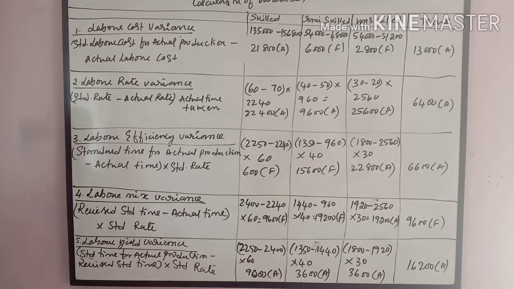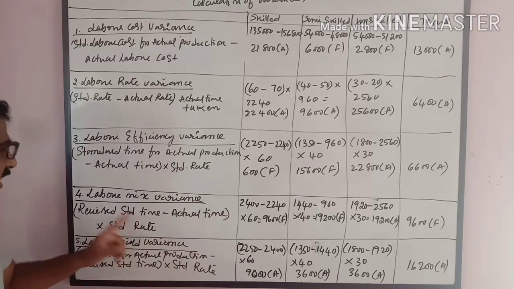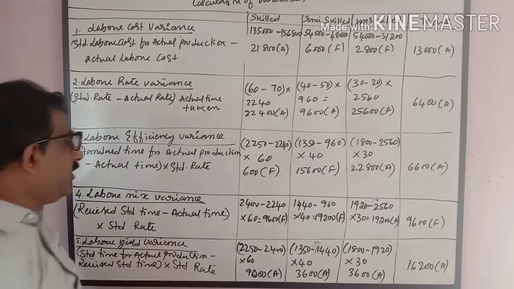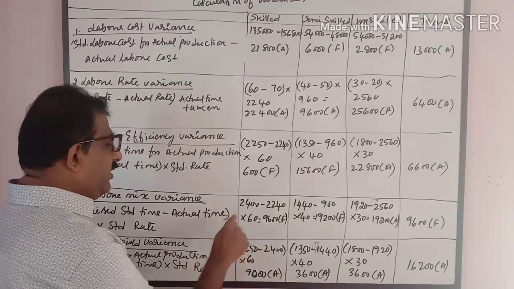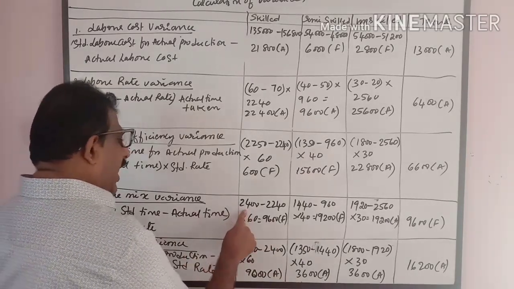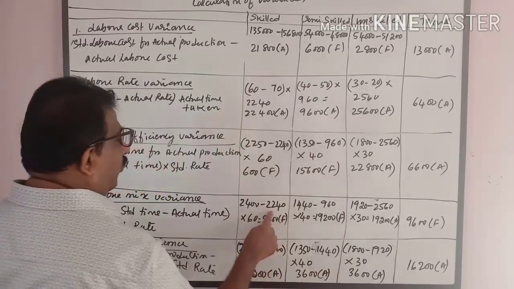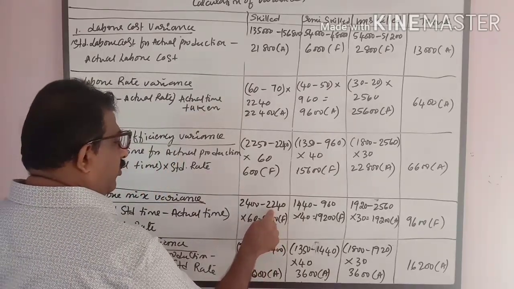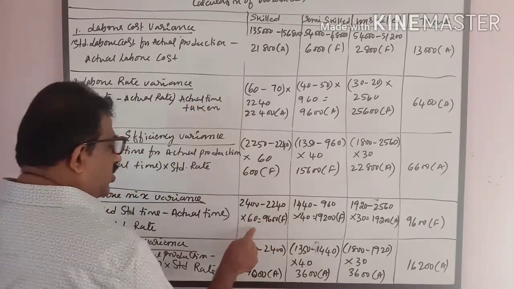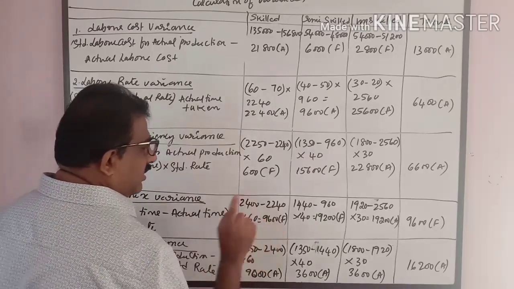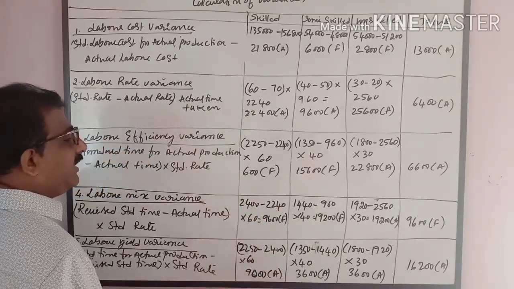The next one is labor mix variance. The formula is revised standard time minus actual time into standard rate. Revised standard time, which we calculated at the end, is 2,400, and actual time we know is 2240, into 60 rupees, giving 9,600 favorable for skilled laborers.